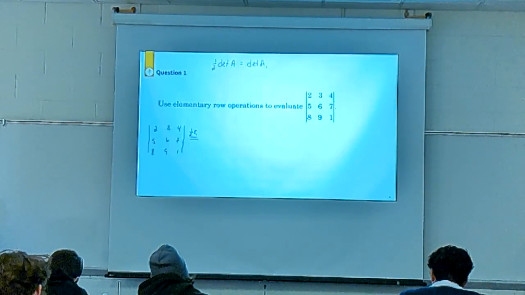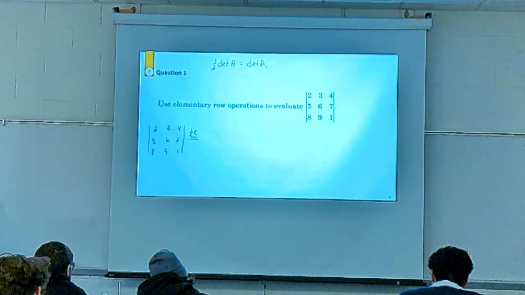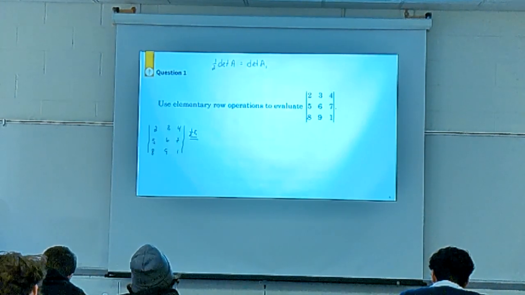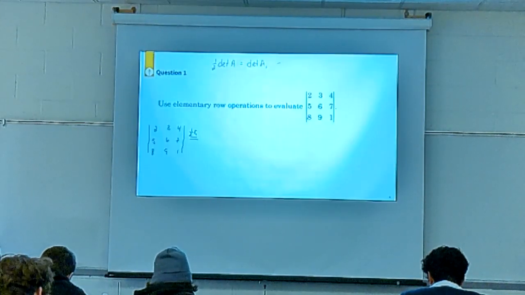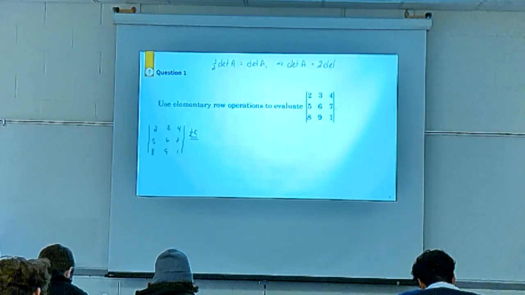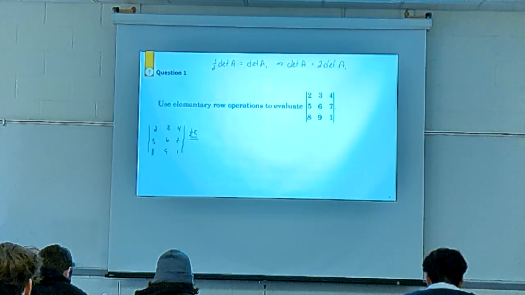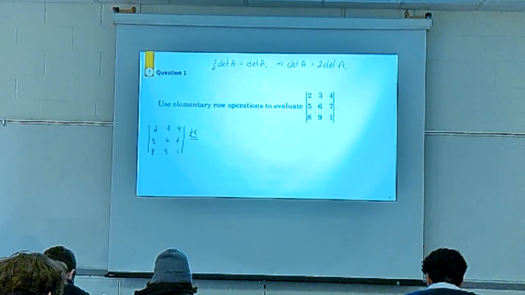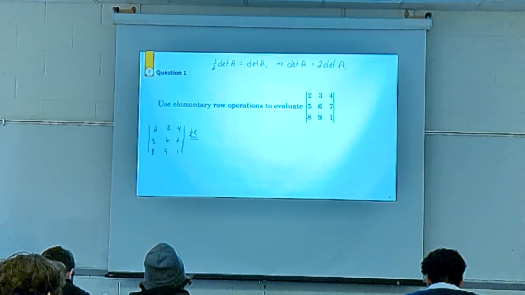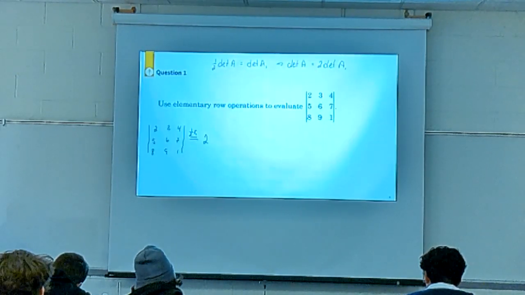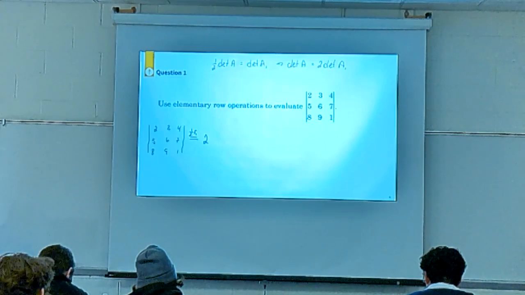Right, that's what number 2 says. So multiply your new determinant by its reciprocal. Right, multiply by 1/2. Our new determinant is going to be multiplied by 2.